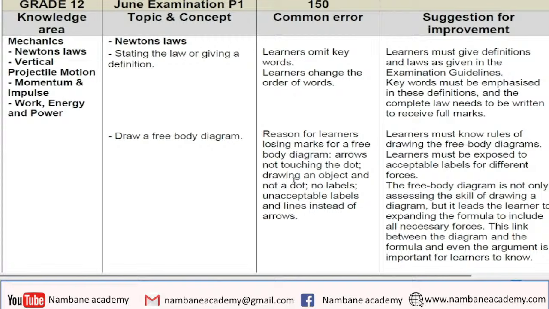That is where the application part comes in, where we now apply these principles, the formulas, and the laws that we have in physical sciences. So whenever such a question comes, please identify the independent variable. What will be the independent variable? The independent variable will always be the variable that they say is changing. They will tell you this is what changes.